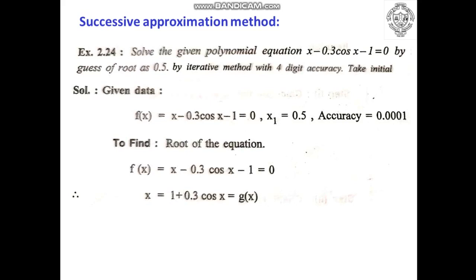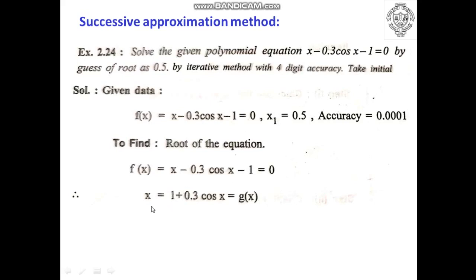Now to find out root of equation using successive approximation method, I have to find out g of x, so that I have to transform the original equation into another form. So original equation is f of x is equal to x minus 0.3 cos x minus 1 is equal to 0. To find out g of x, I will keep this x on the left hand side, and I will move these two terms, that is 0.3 cos x and one term, to the other side.